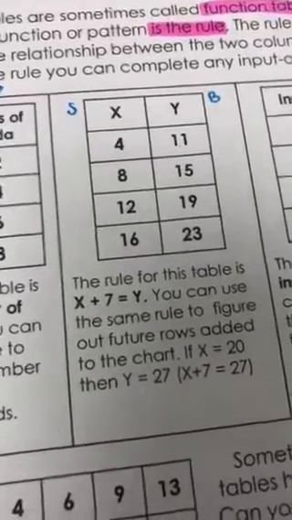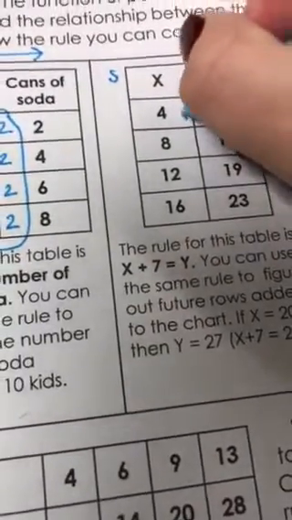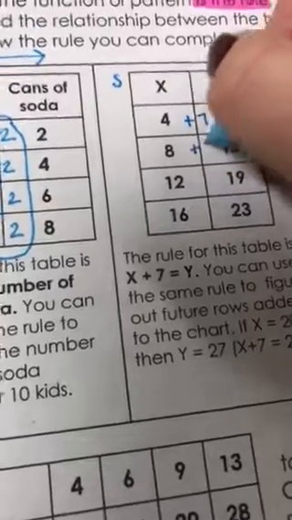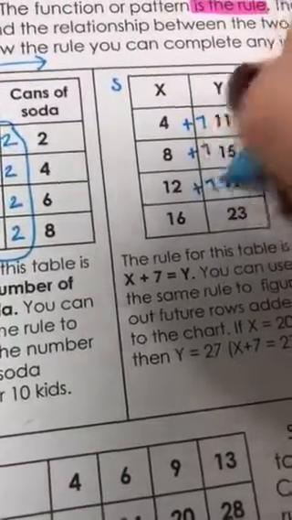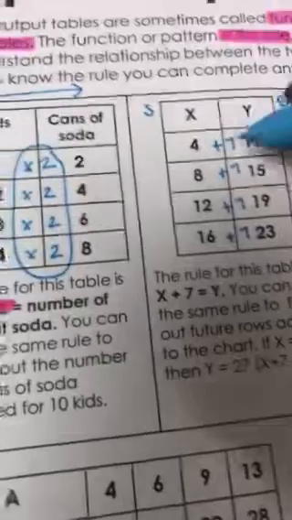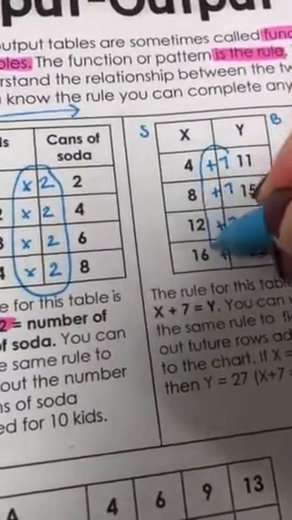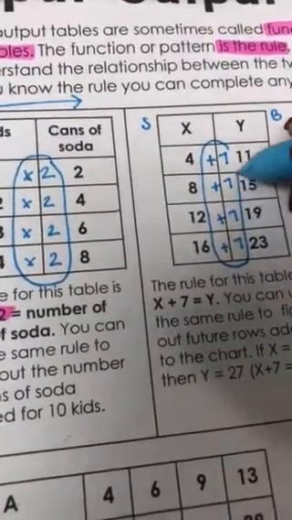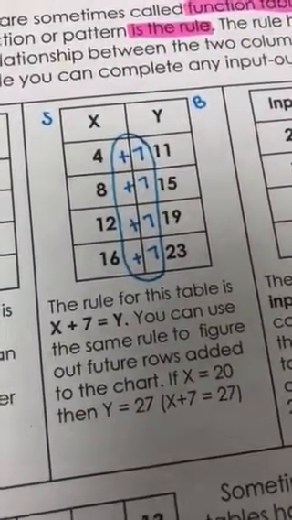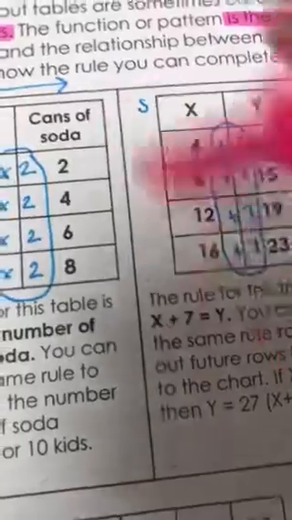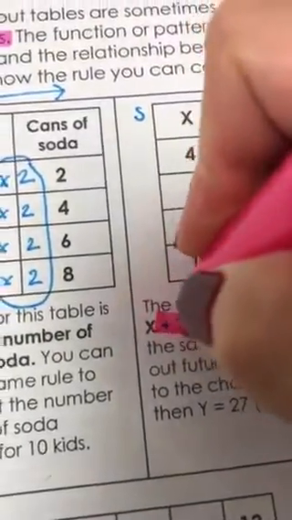So in this situation, they're adding 7 each time. You can double check it by counting, and all that does is show you that the rule is plus 7.